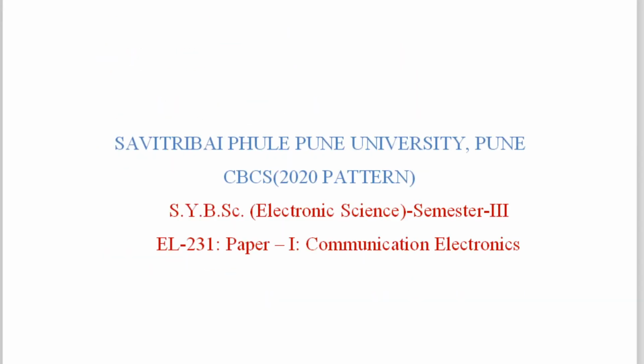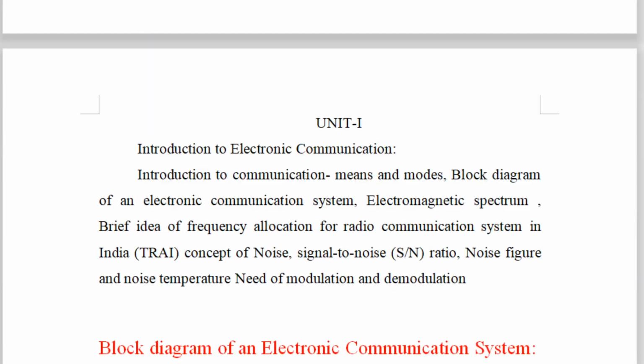In the last lecture, I explained the syllabus of SYBSc Paper 1, which is called Communication Electronics. In Unit 1, we completed the Introduction to Communication Means and Modes. We also completed the electromagnetic spectrum, as well as a brief idea of frequency allocation for radio communication.